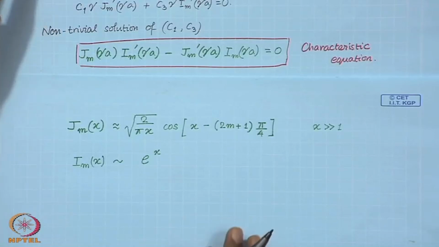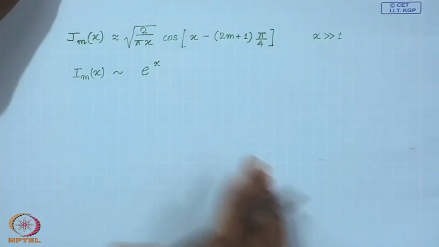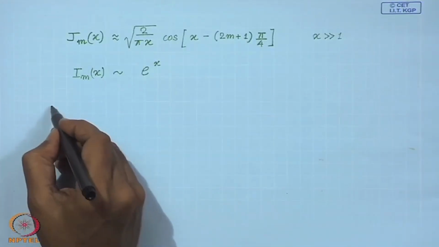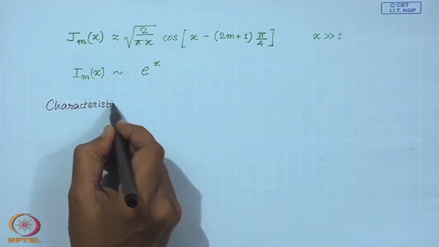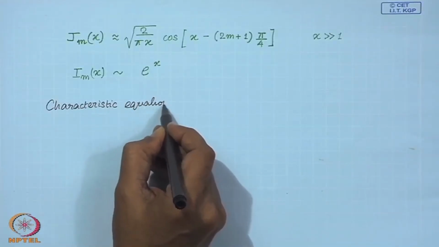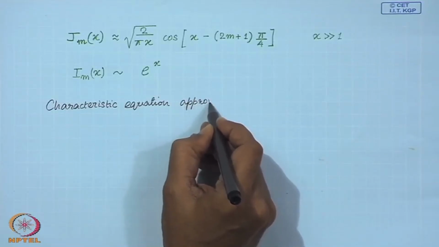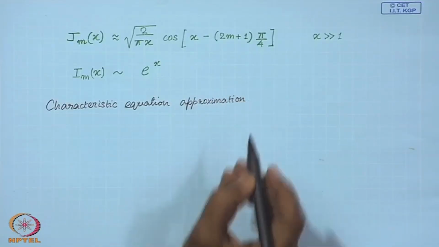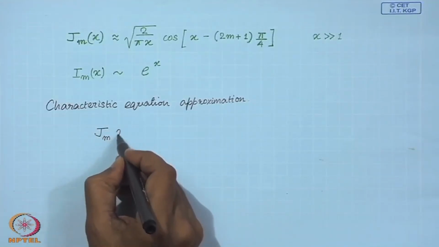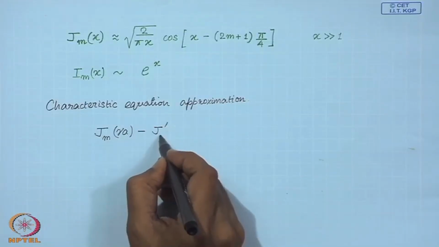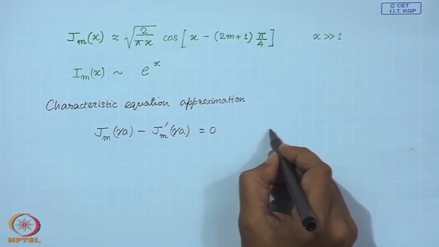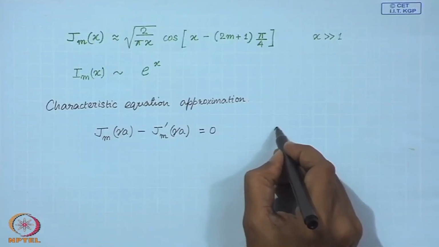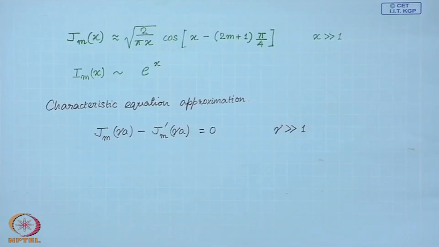So, they can be dropped, so that we can simplify the characteristic equation as, so when gamma A is very large.